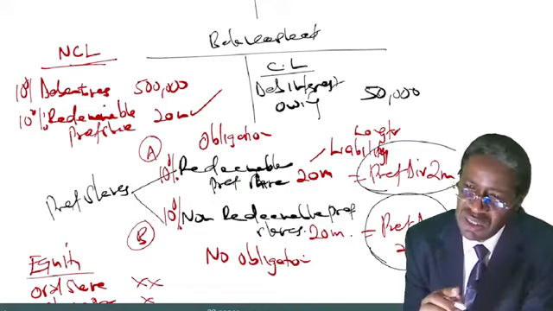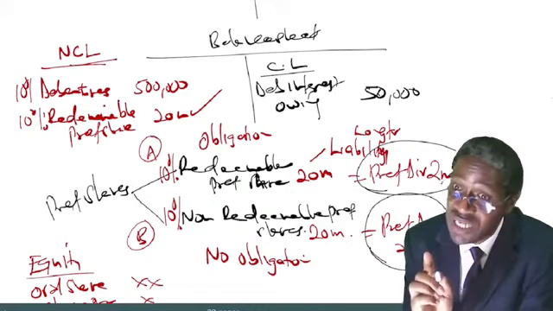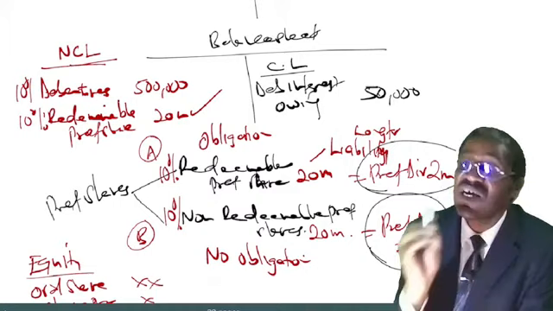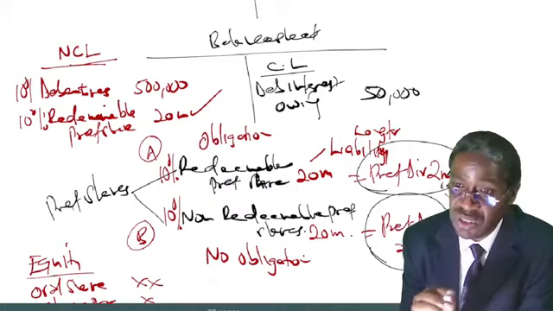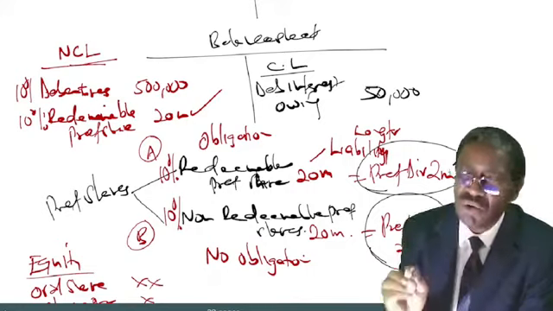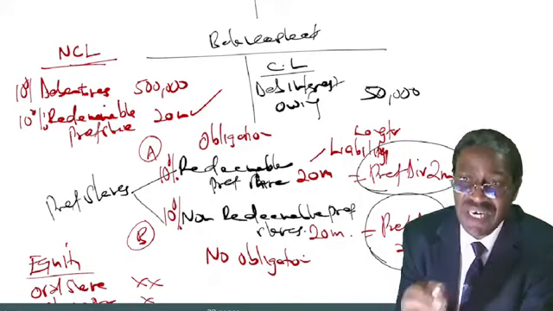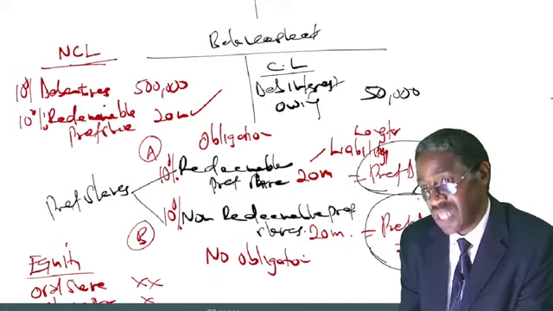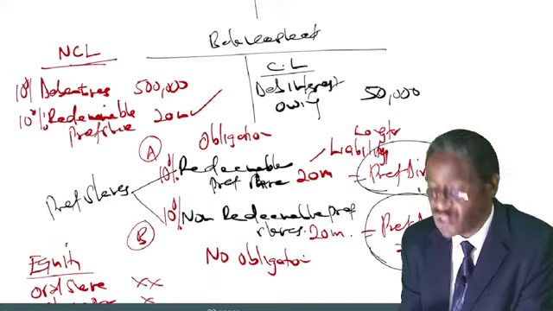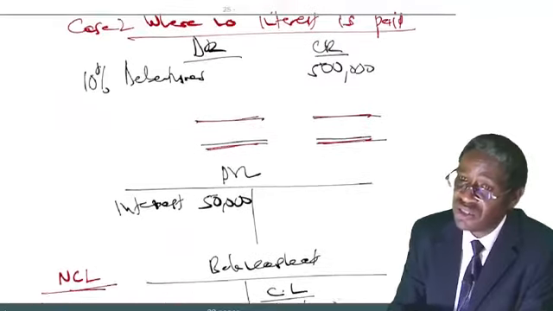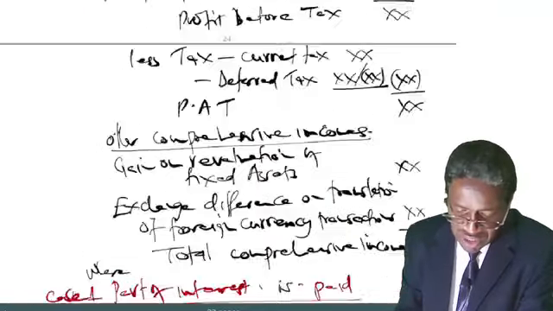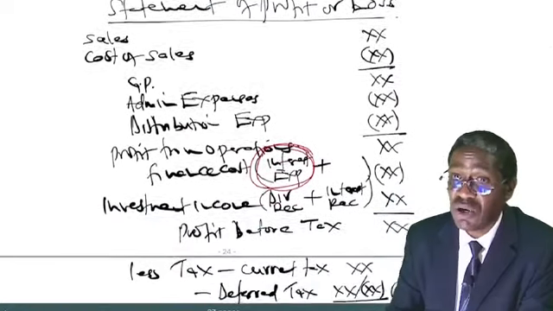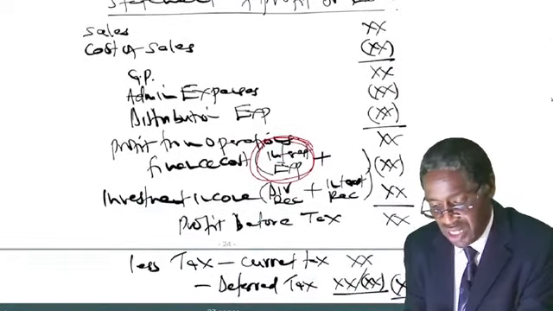That 50 is what we said is a finance cost. The cost of borrowing through debentures is the interest you paid to the debenture holders. When I was looking at the income statement format, I took that 50 as part of finance cost, as interest.